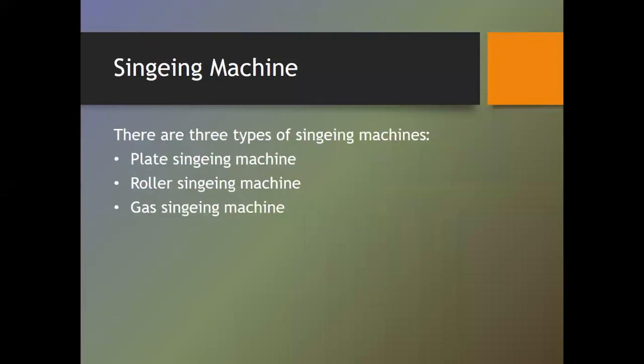The fabric is passed through the singeing machine in open width, flat, and under tension. So there are basically three types of singeing machines. First one is plate singeing machine. The second is roller singeing machine, and the last one is gas singeing machine.